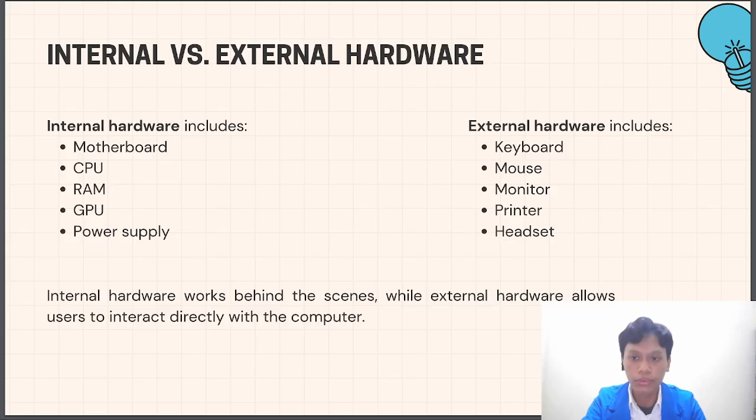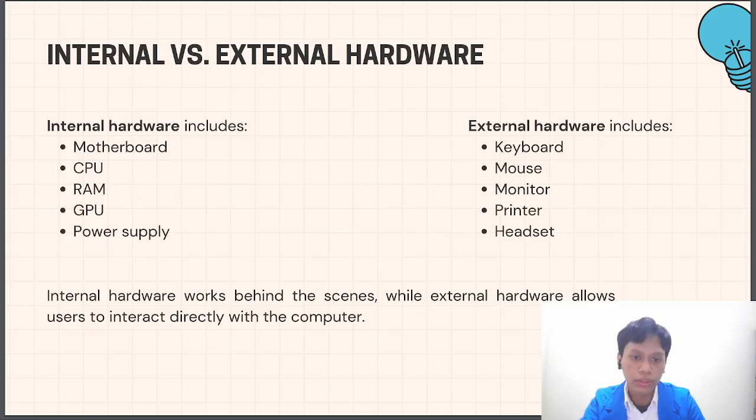Okay, move to internal versus external hardware. Internal hardware includes the motherboard, CPU, RAM, GPU, and power supply, and external hardware includes keyboard, mouse, monitor, printer, and headsets. Internal hardware works behind the scenes, while external hardware allows users to interact directly with the computer.